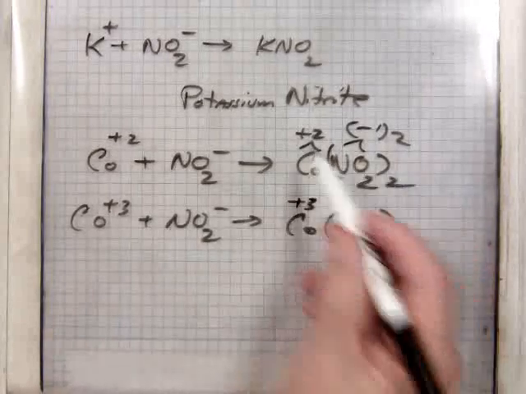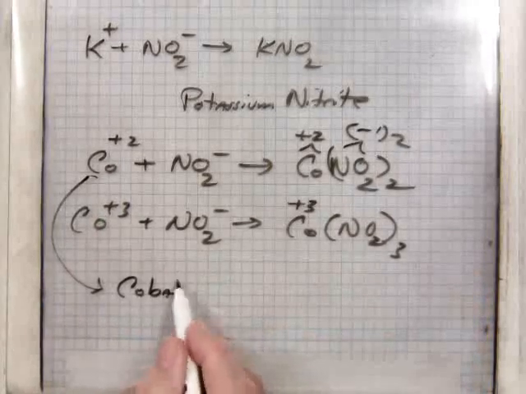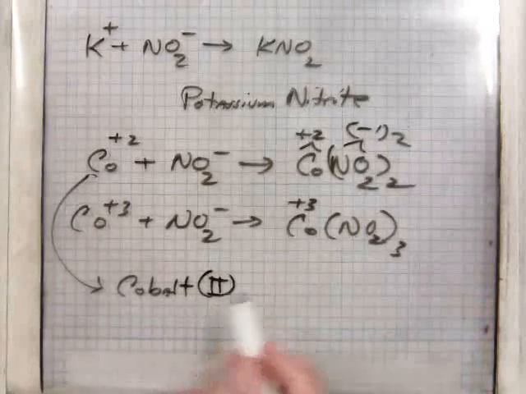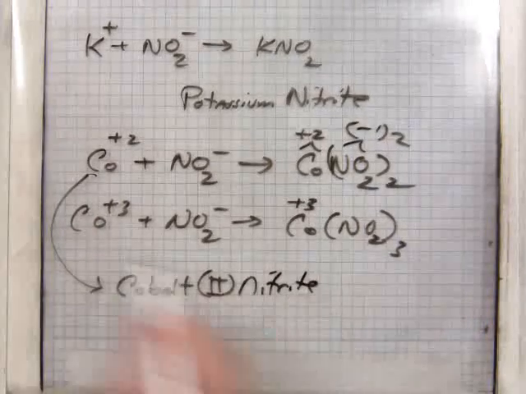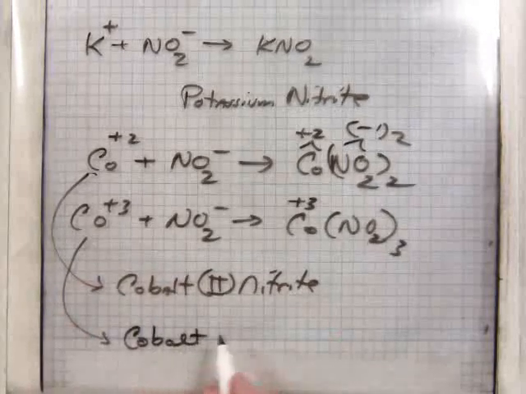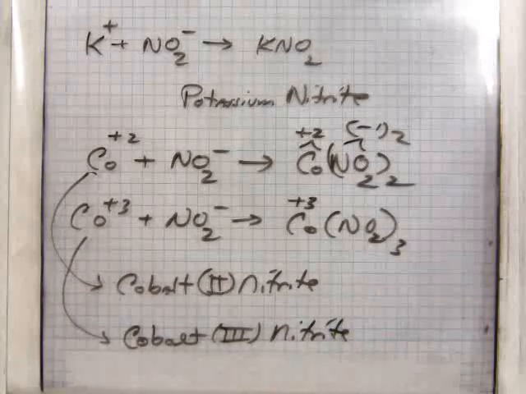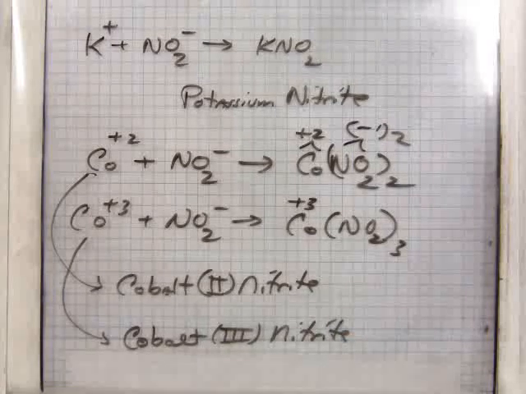Well, this one is cobalt 2 nitrite, whereas the second one is cobalt 3. Of course you're supposed to memorize the polyions, know them by heart, and you know the ITE endings. So in variable charged metals, you have to put them into parentheses.